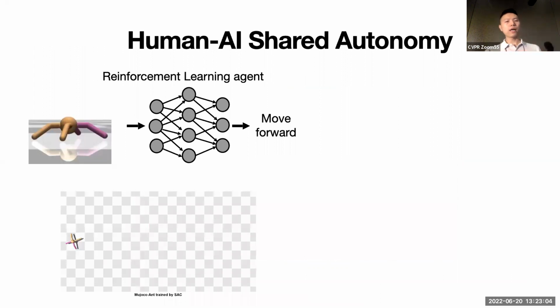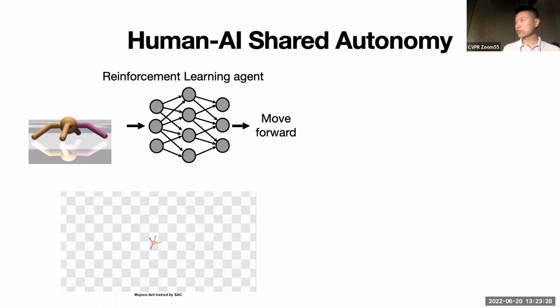Another topic inside embodied AI is human-AI shared autonomy. We have done some preliminary work in this direction. For reinforcement learning agents, people usually just train the agent to accomplish a primary task, for example in this MuJoCo ant environment.